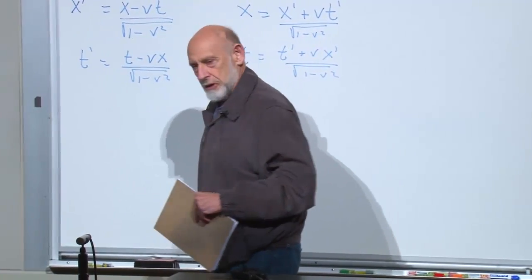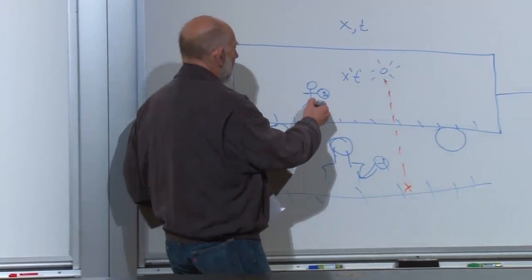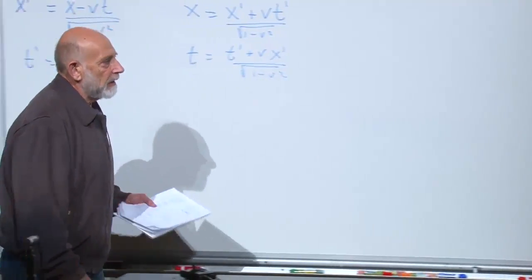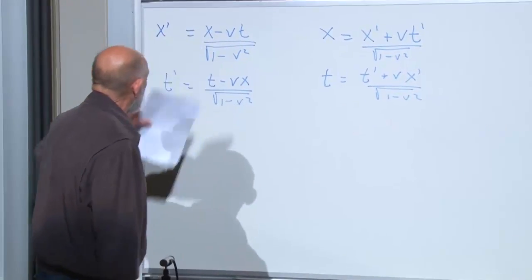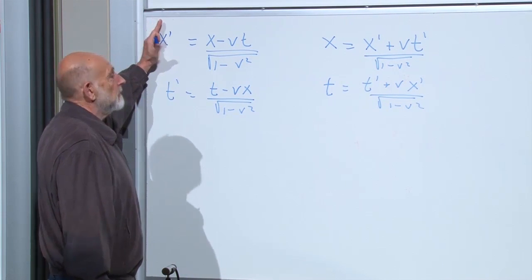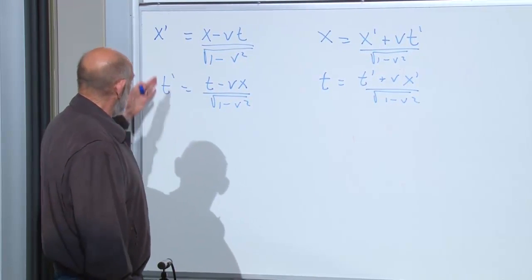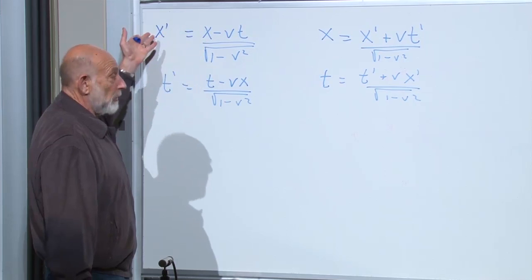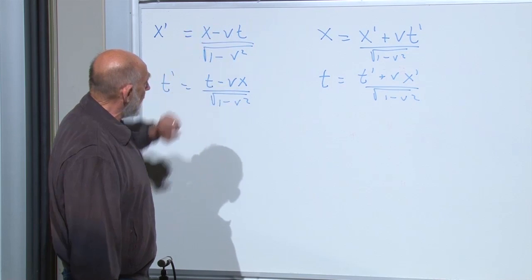You look at the x equation here, and you say the prime observer's coordinate is x prime equals 0 right at the position of the origin of coordinates inside the train. x prime equals 0 corresponds to x equals vt.